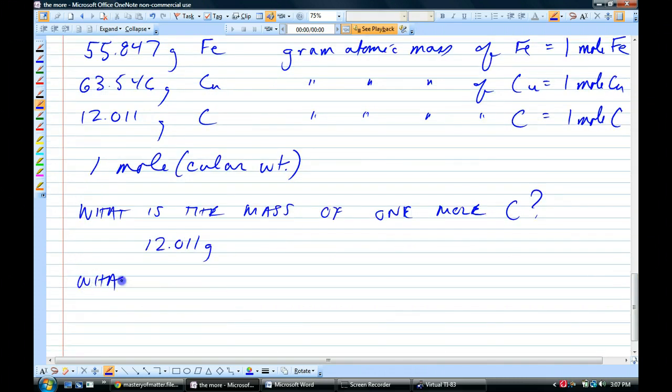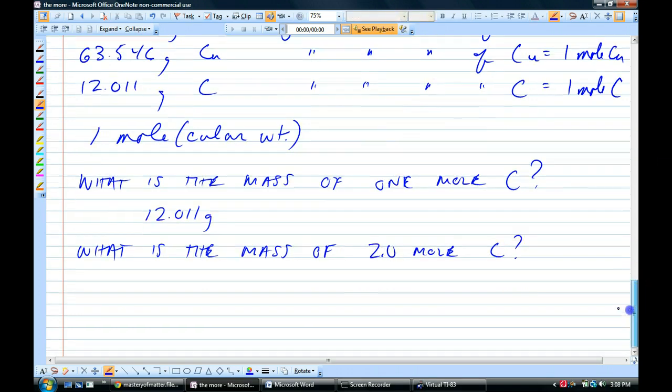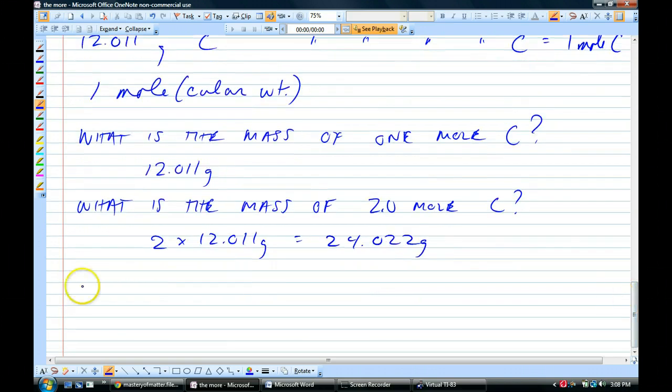What is the mass of 1.5 moles of carbon? Or let's stop short of that first. Let's say 2, because it'll be easy. 2.0 moles of carbon. Well, obviously it'd just be 2 times 12.011 grams, or 24.022.